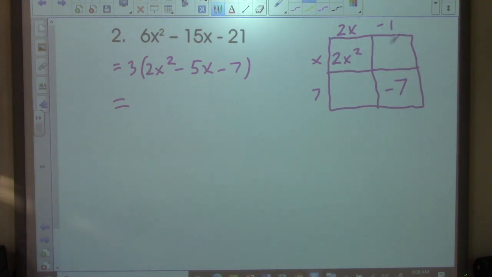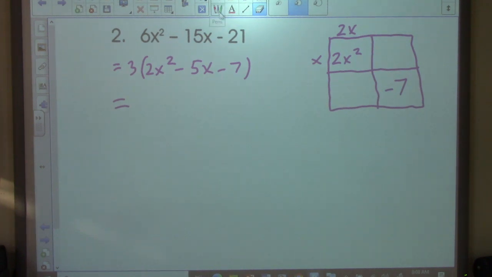So I'm going to put negative 1 times x, that's negative x, and then 2x times 7 is going to be 14x, and then you add these together, I get 13x. Is that going to work? No, it's not, because I need negative 5x here. So what I'm going to do instead is change things around. And so that not working, I'm going to go ahead and back out this thing right here. And what I'm going to do is put 7 up here and 1 down here instead.